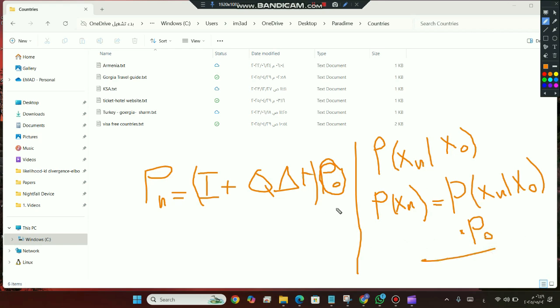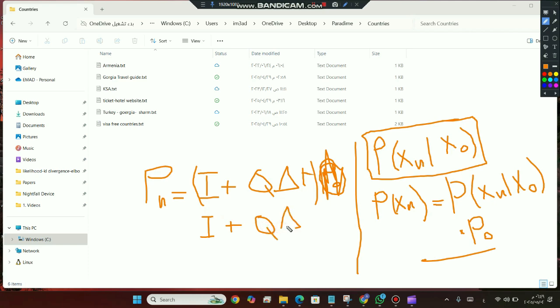So in order to find the final formula that we're trying to evaluate, we need to divide by this probability over here, so we will get rid of it. We will be left with this formula, which is the final formula that you have asked about.